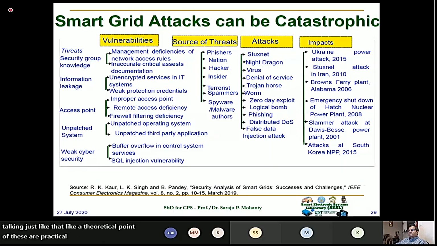These are practical, and these are very serious. For example, closing a power plant or completely taking down a grid has serious implications for the overall city, even the overall state. So these are much more serious security problems. Healthcare I showed, then this is power, and similarly transportation, beyond just the IT security point of view.